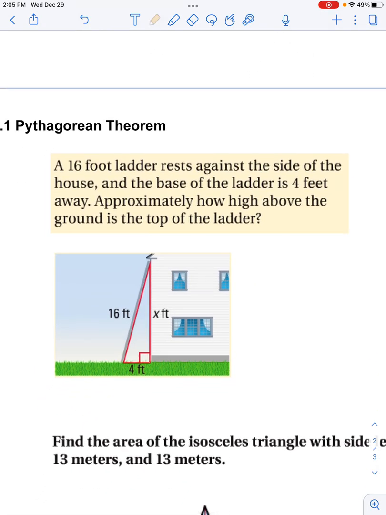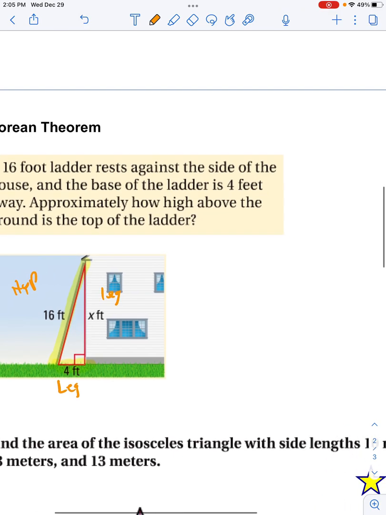Using the Pythagorean theorem in real life: a 16-foot ladder rests against the side of the house, and the base of the ladder is 4 feet away from the house. Approximately how high above the ground is the top of the ladder? I need to identify that this is my hypotenuse, this is my leg, and I need to find the other leg.